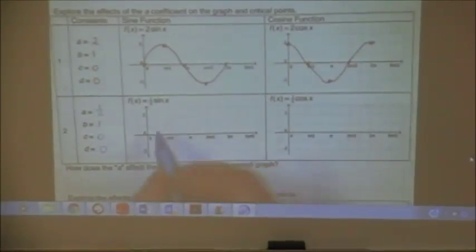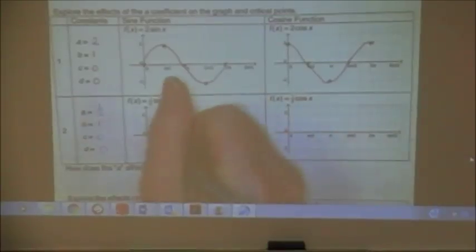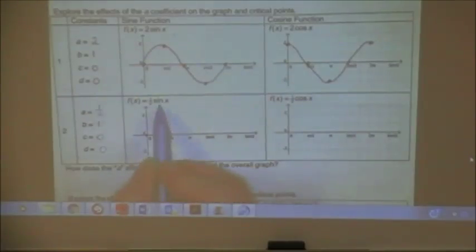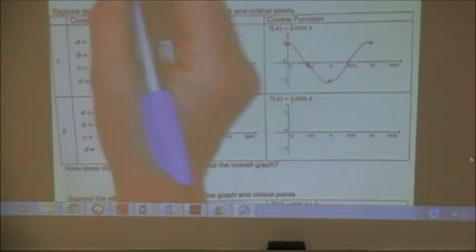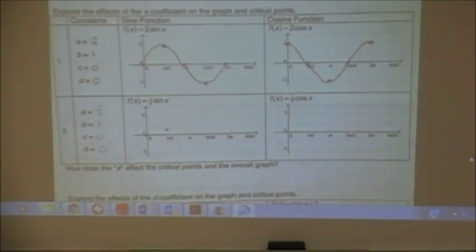Okay, so my first value, which is 0, 0, is still going to be 0, 0. Now this one's going to be pi over 2, and I multiply my 1 by half. So this is going to be pi over 2 and a half. So it's going to be right here. This one is going to look different.